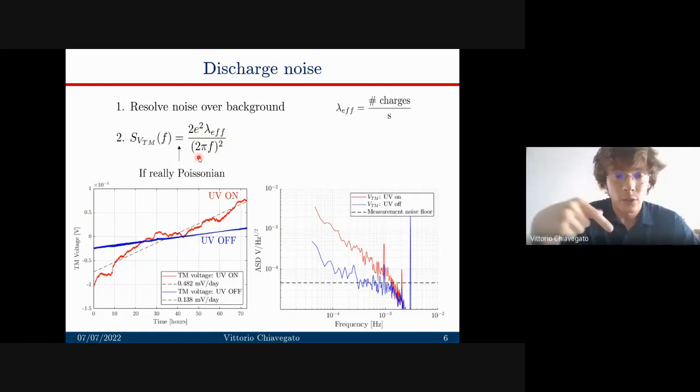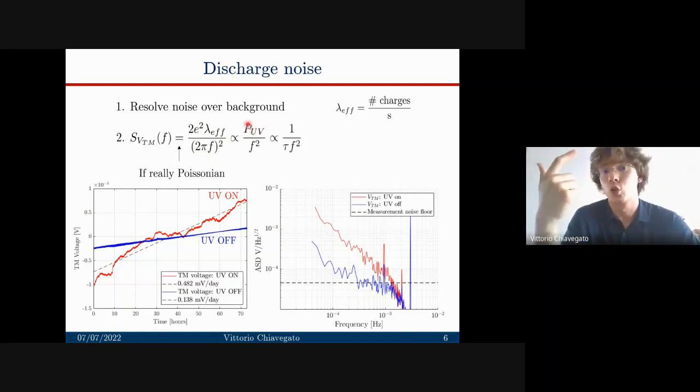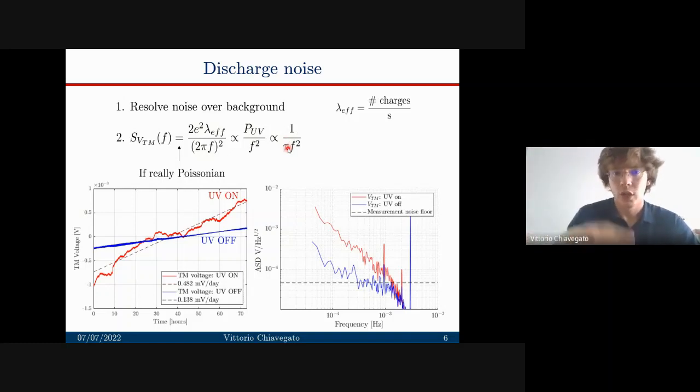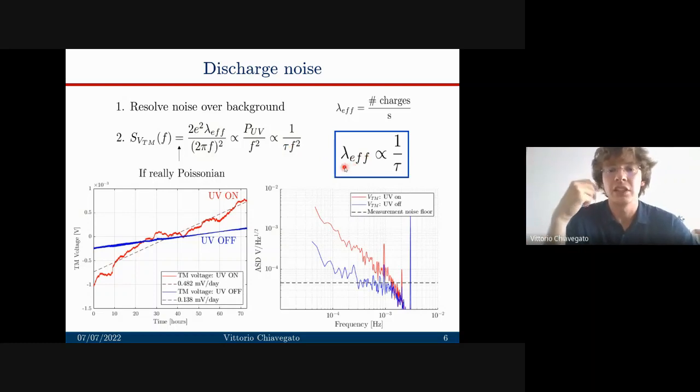And this noise, again, is proportional to how much power we are putting in the UV light and to 1 over the discharge time. Putting all these together, what we expect is that this charging rate is proportional to the inverse of the discharge time.